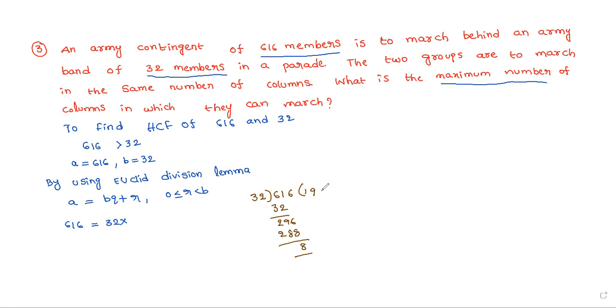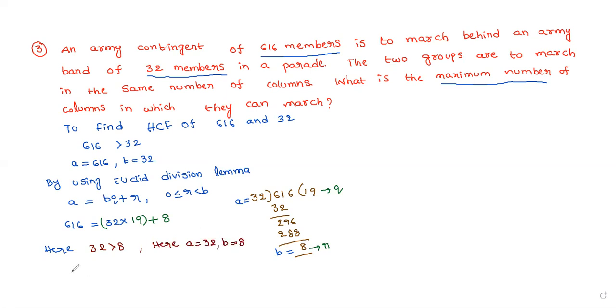Substitute the quotient and remainder values. Quotient is 19, remainder is 8. Here the remainder is not 0, so consider a value 32, b value 8. 32 is greater than 8. So here a is equal to 32, b is equal to 8.